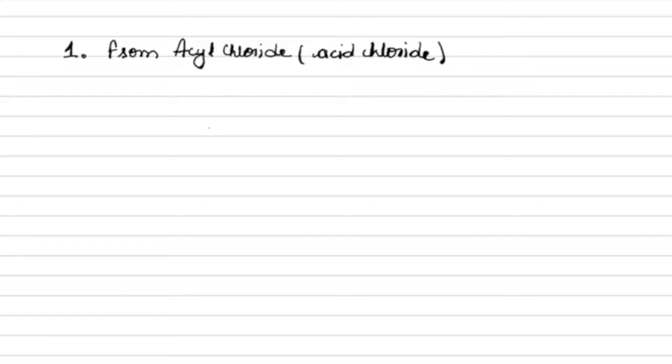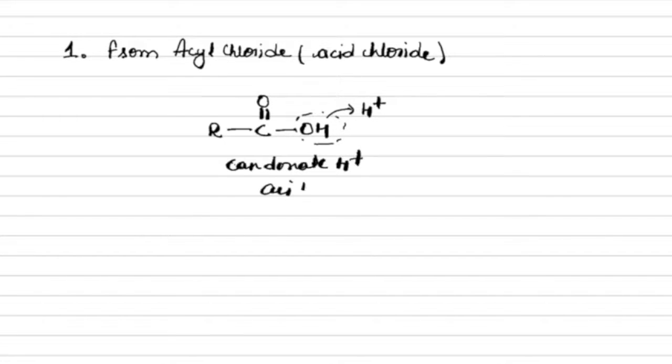So if you see a structure of acid like this, why are we calling this acid? Because this guy can give its proton, H positive. It can donate. So that's why we are calling it an acid. So remember that, it can donate H positive. So that is why it is acid.